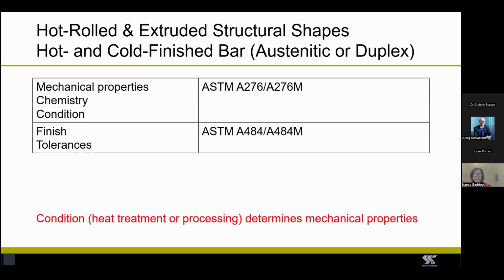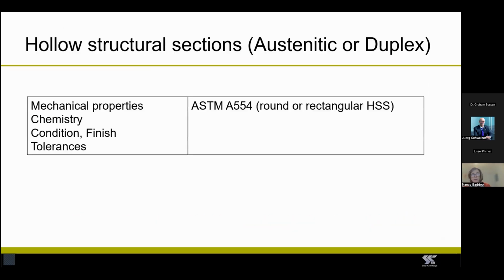And the next slide, here we go. These are the standards you'd need for hot rolled and extruded structural shapes and bar. And for hollow sections, whether it's round or rectangular, you would want to refer to ASTM A554.